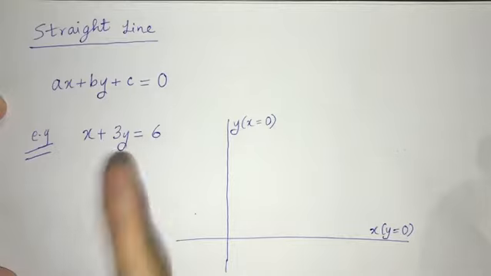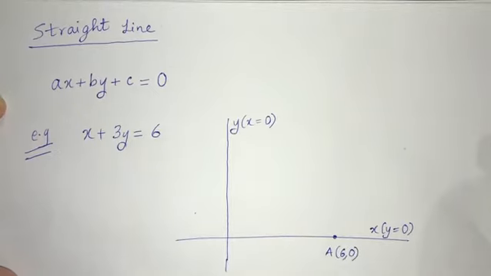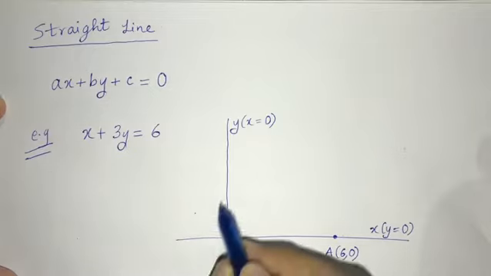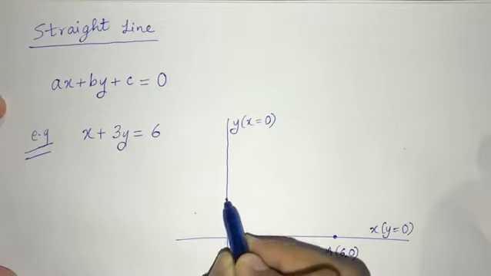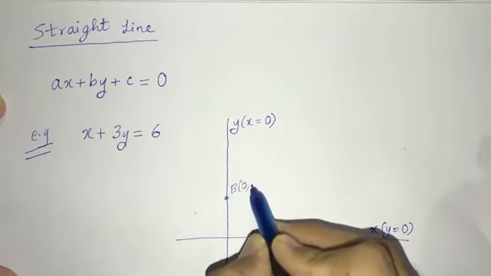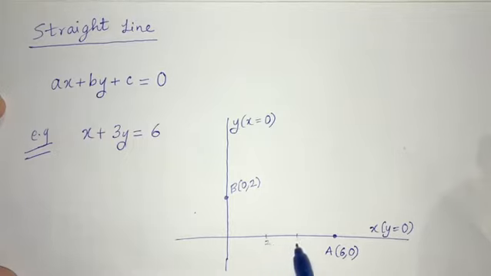So when I put y as 0, I get x as 6, so the point is (6, 0). When I put x as 0, I get y as 2, so I can take the point (0, 2).